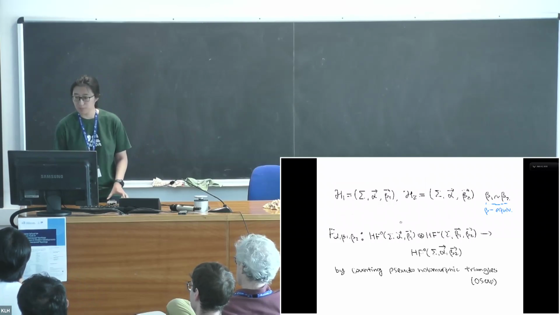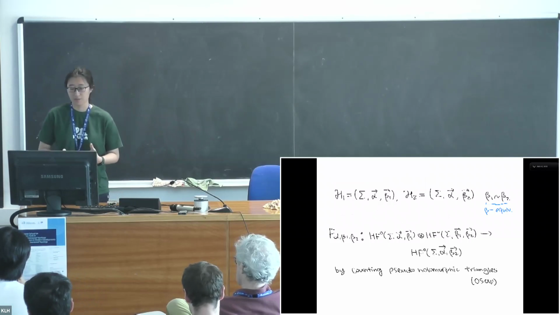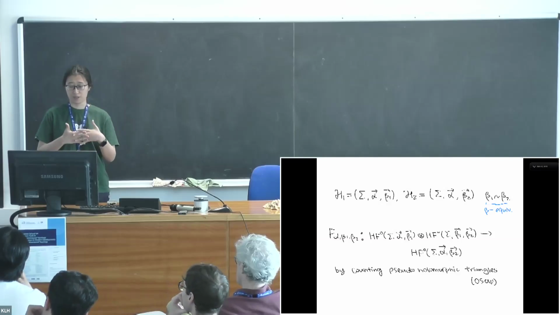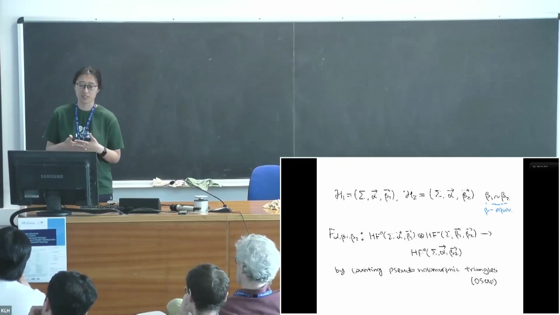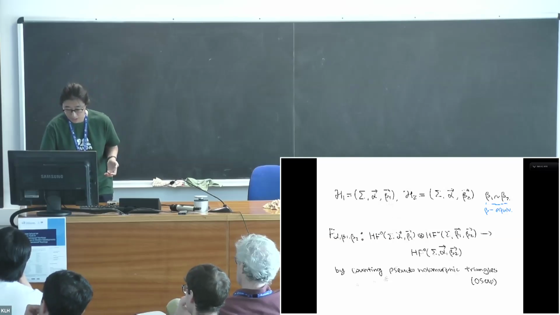When this triple is admissible, we can have a map from the tensor product of the Heegaard Floer homology of alpha, beta 1, and then beta 1, beta 2, to the Heegaard Floer homology of alpha, beta 2. And this is done by counting pseudo-holomorphic triangles.